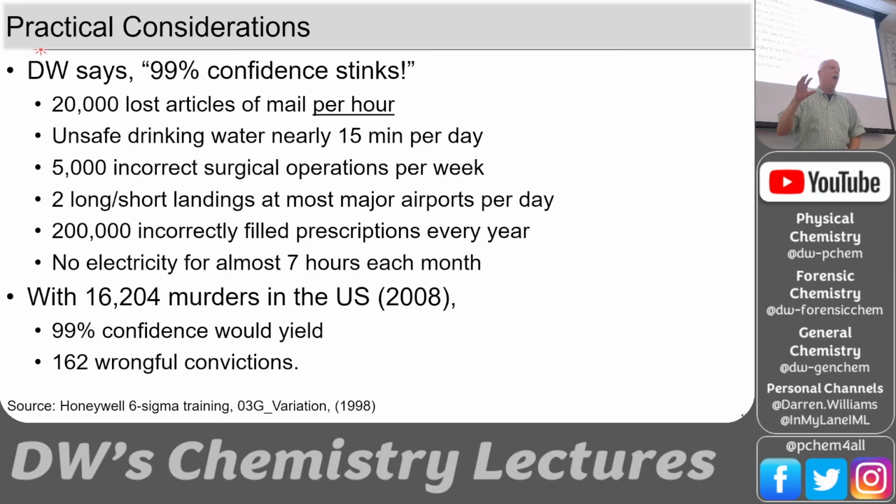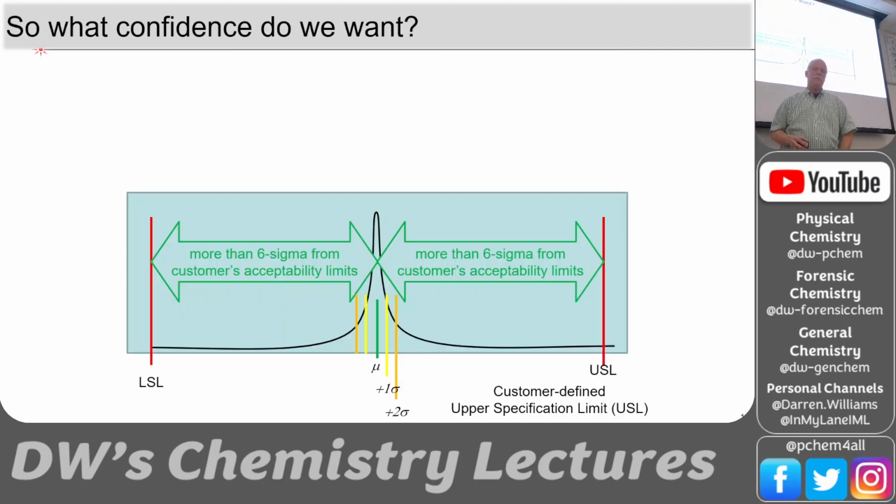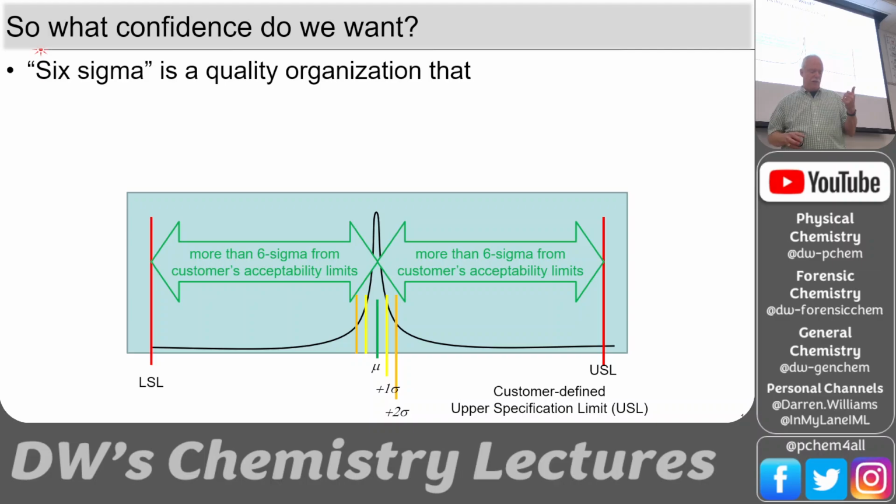In fact, it's so unlikely, we start questioning the analysts if that happens, because the analyst is less reliable than those three techniques having a result where it slipped past all three. Okay, we start looking for dry labs and things like that. So what confidence do we want? Well, this is the same, not just in forensics labs, but also automobiles and airplanes and all kinds of high quality manufacturing.